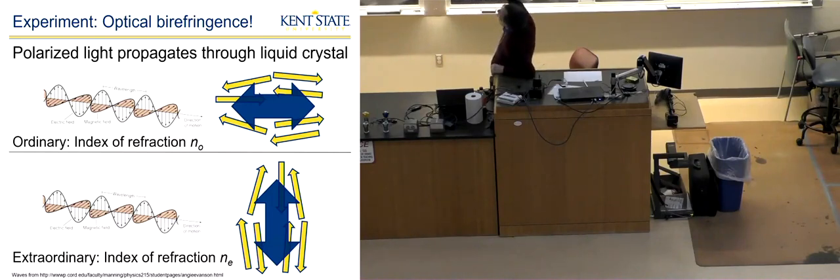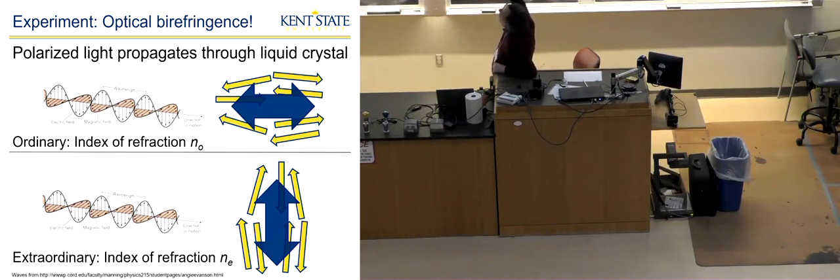Now, suppose that encounters a liquid crystal, where the molecules tend to have some orientation. One possibility is that the orientation of the molecules might be perpendicular to the polarization of light. Here the polarization of light is going up and down, and that is perpendicular to the average orientation of the molecules.